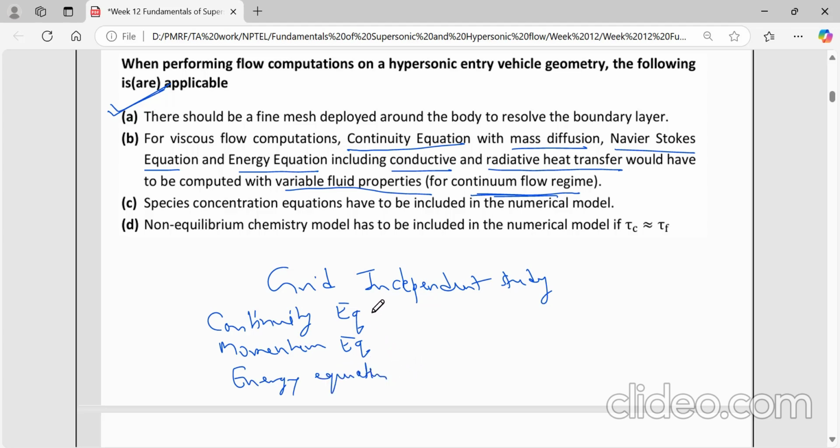In the continuity equation, we will also include the term for mass diffusion, because mass diffusion also happens when there is a change in concentration. And in the energy equation, we will include both conductive and radiative heat transfer.